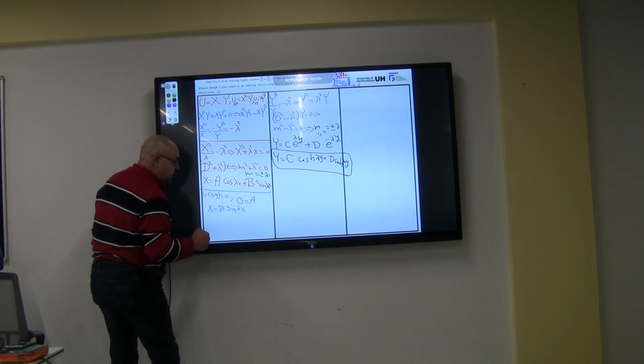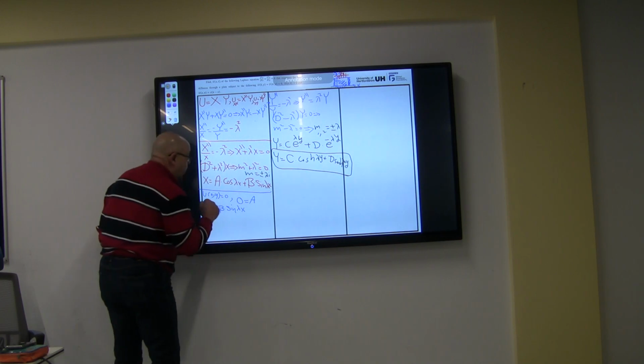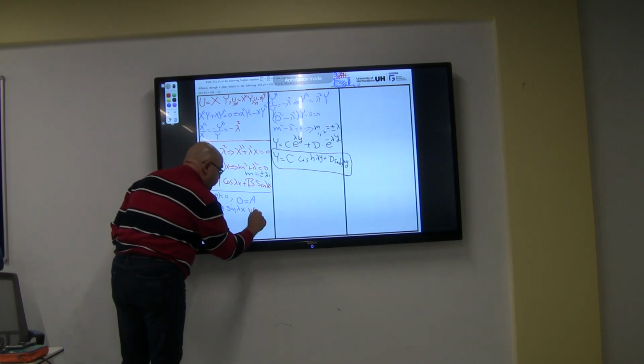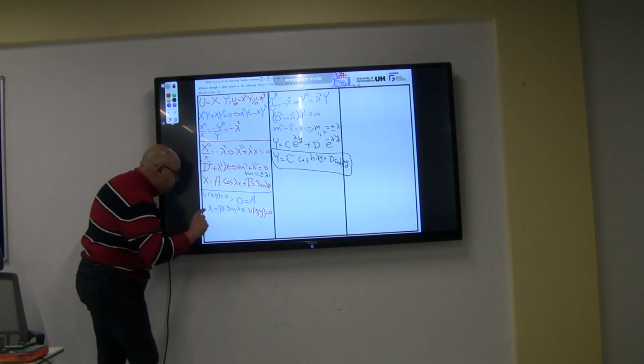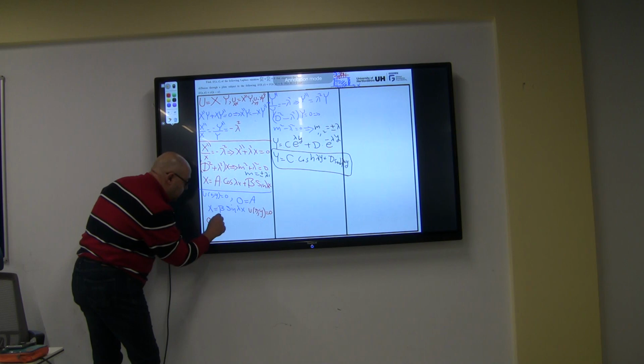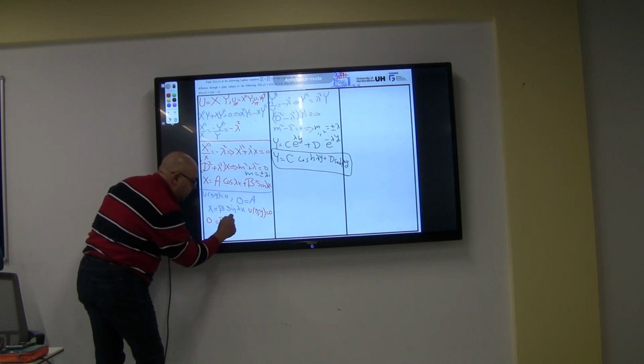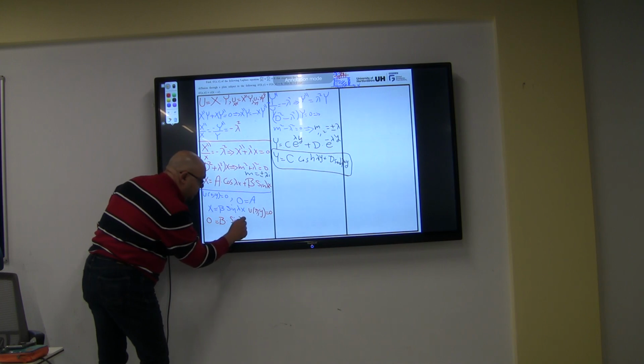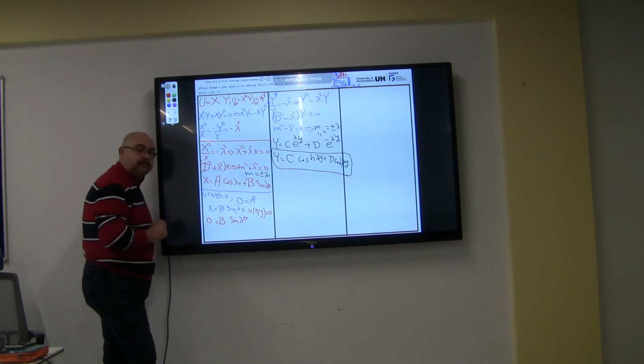The next step is to put in the other condition. The other condition is u of pi and y equals 0. That's 0 equal to some constant times sine of lambda times pi.